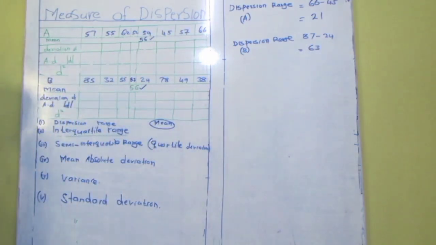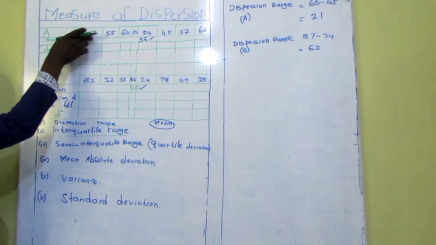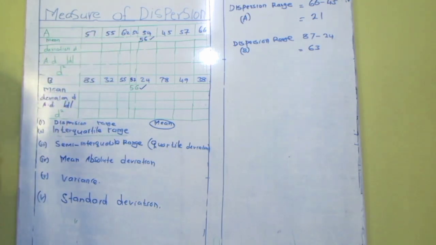Now, if you are going to be given this data and then you are being told that the mean is 56, you cannot be able to know how the marks are being spread, above or below the mean. So you are going to ask what you call dispersion range.